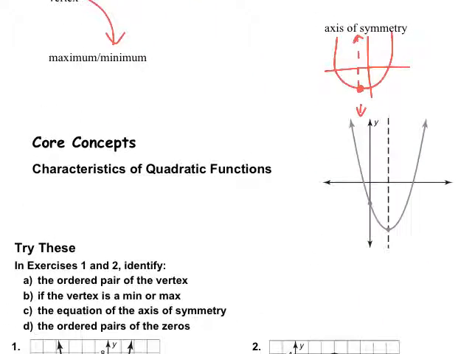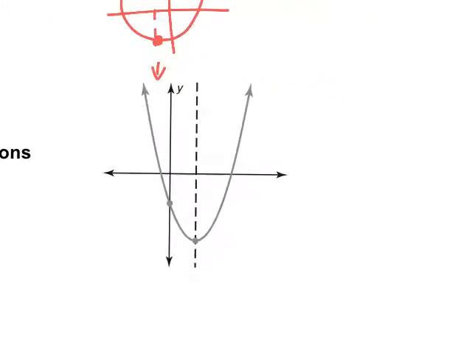So if I were to put it all together, let's look down here on our graph. Okay, so this is my vertex. These points right here are my zeros. This is my axis of symmetry.